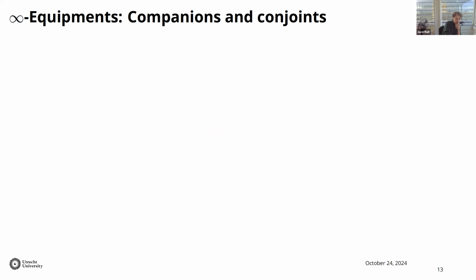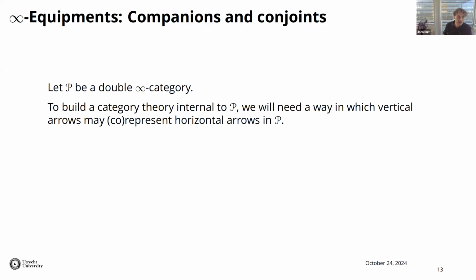Okay, now I want to say something about infinity equipments. Maybe if you know the story for proarrow equipments, you know that companions and conjoints play a central role, and this will again be true. If you don't know anything about proarrow equipments, then I want to just say something. Take P to be a double infinity category, then we have these two directions, which were already good from our guiding example.